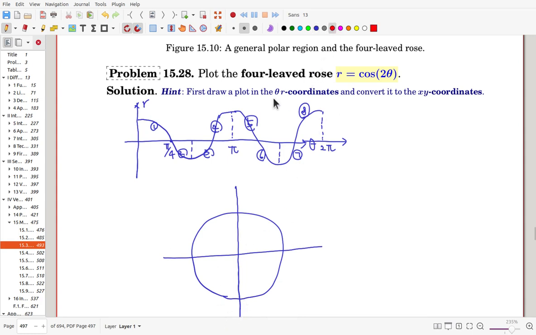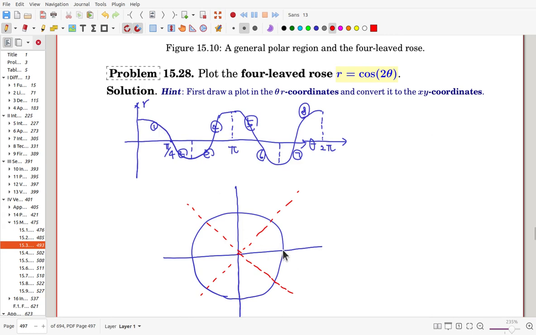Now, the angle is from 0 to pi over 4. That means let's make a 45-degree line like that, and later on we'll use this portion. So for this first part, the angle is from 0 to pi over 4, and this is the region for part 1.